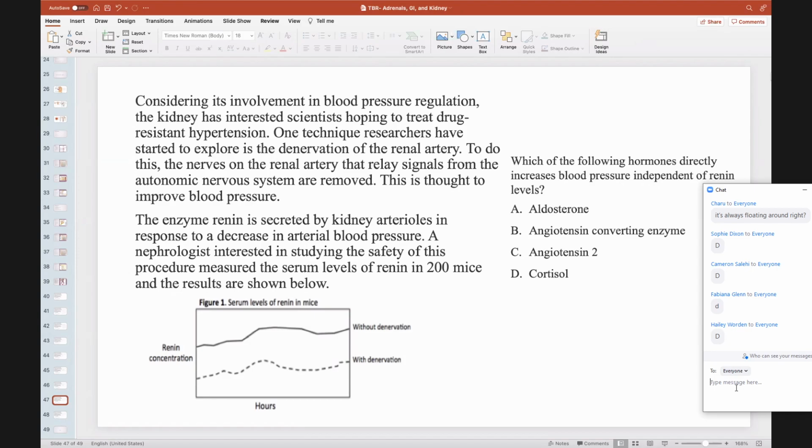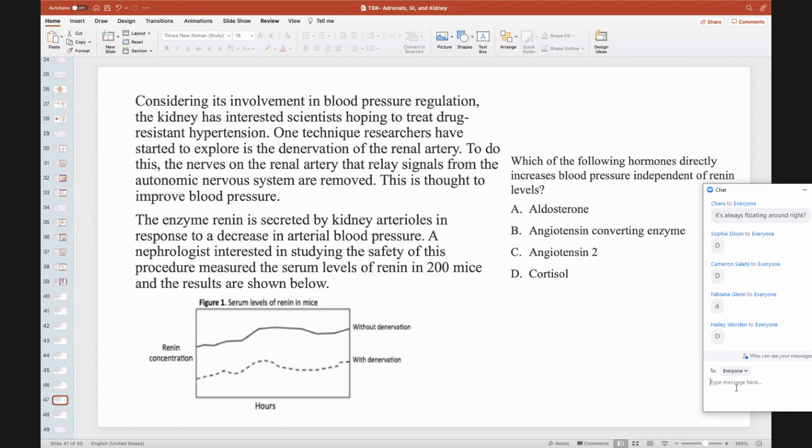Lovely. A lot of people always get this one wrong too. This one's just a process of elimination. Again, which of the following can directly increase blood pressure independent of renin levels? We can use different criteria to start eliminating some answers. So let's look at things that increase blood pressure.